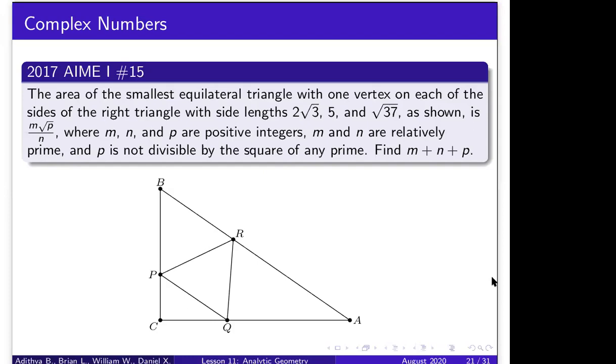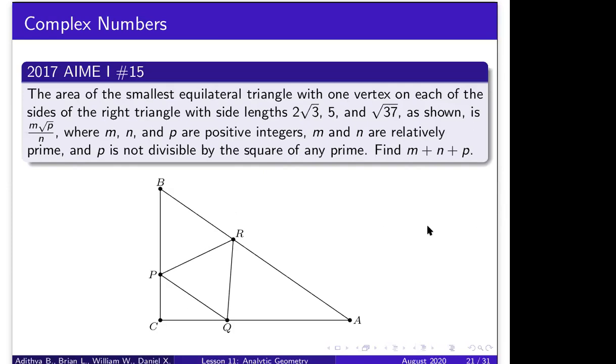So we are actually going to be using coordinates, but this is basically the same in both of them. We see that we have a right triangle, and we just learned how to do rotations in both complex and Cartesian coordinates, right? So we're just going to use Cartesian on this question.